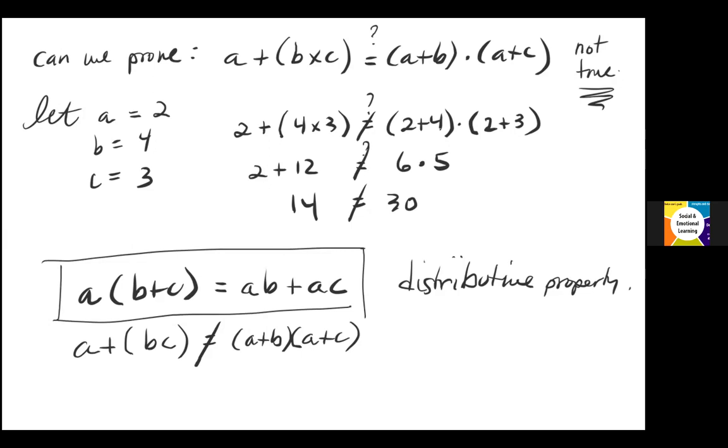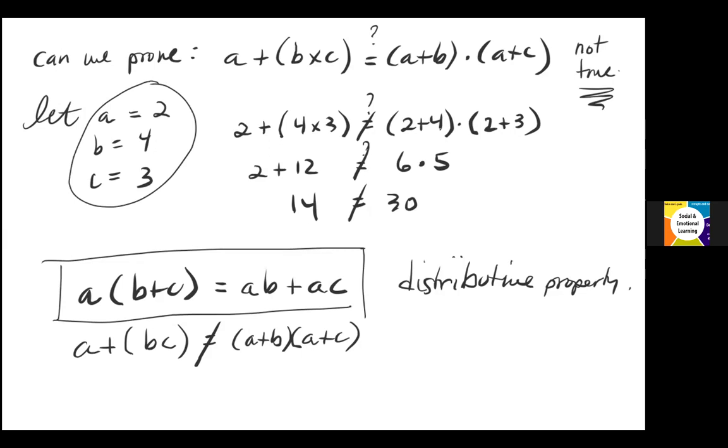And one of the easiest ways we can prove that something is not true is just by subbing in some values. Now, if you had found, Brian, that that worked for those numbers, the A, B, and C that you plugged in, it wouldn't necessarily mean it was true for all numbers.